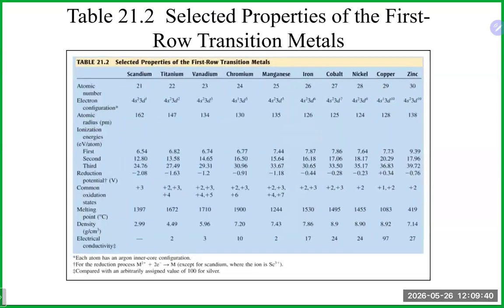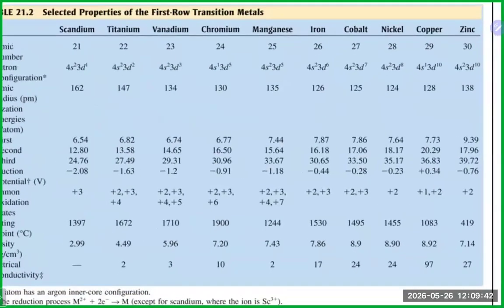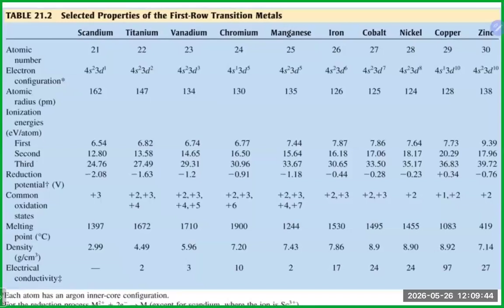Here is a bunch of stuff about the first row transition metals, some of which we've talked about. Obviously atomic numbers increase as you go left to right. Electron configuration we talked about, with a couple of exceptions in this first row, and there are multiple exceptions as well.